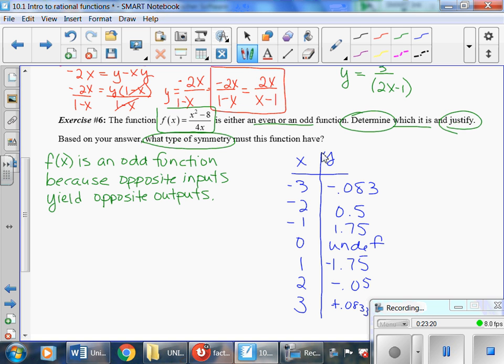All right. Now it asks us, based on your answer, what type of symmetry? And we know that this gives us symmetry across the origin. All right. Odd functions give us symmetry across the origin.